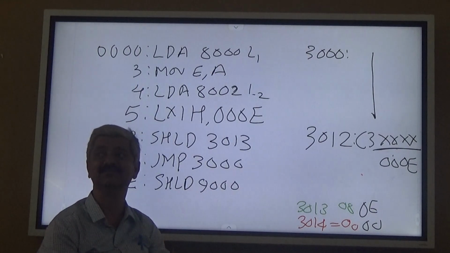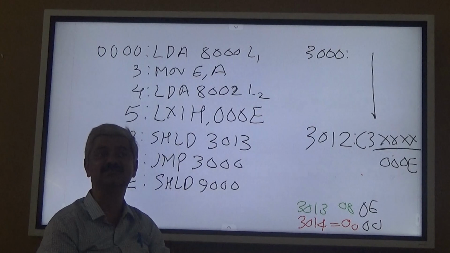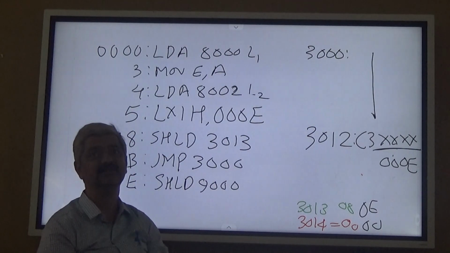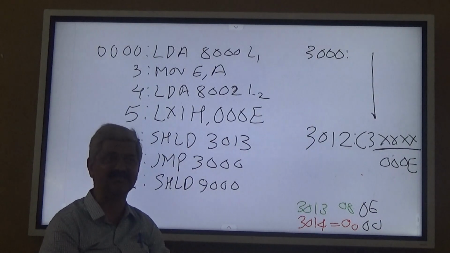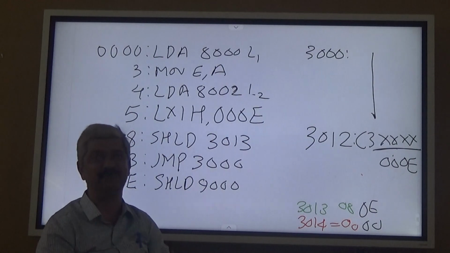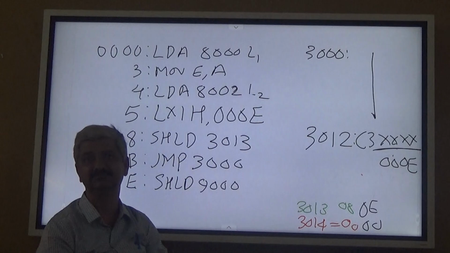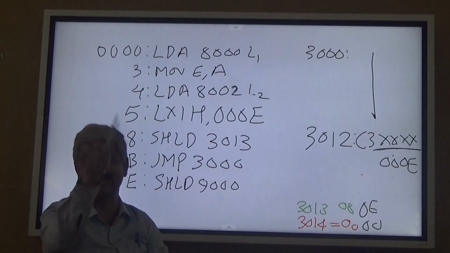What is that? Subroutine must reside, and this is a major limitation, in a typical type of memory. What is that? It must reside in read-write memory.